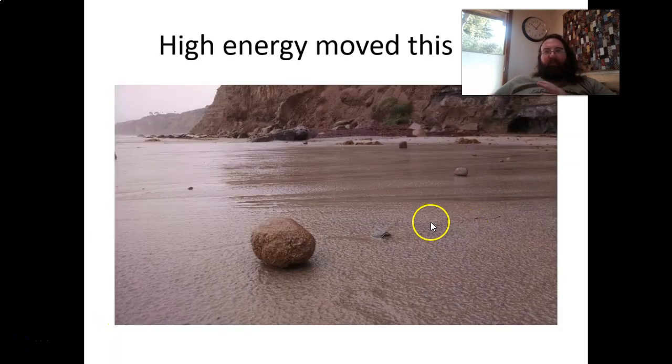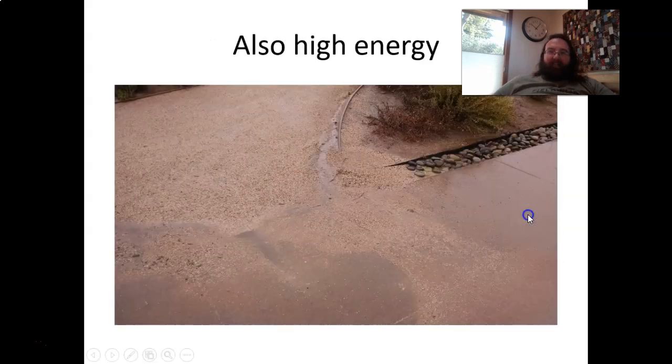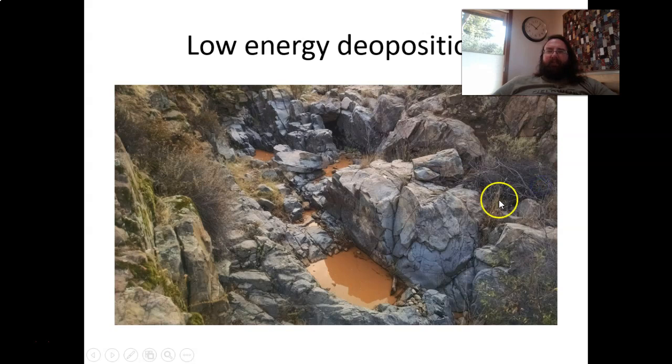So for example, this rock on the shoreline that was moved by the waves and water in the middle of a tropical storm, this would be a high energy deposit. Likewise, generally any fluid powerful enough to move sand also has a fair amount of energy. Now, to give you a better sense of what energy looks like here, this would be an example of low energy.